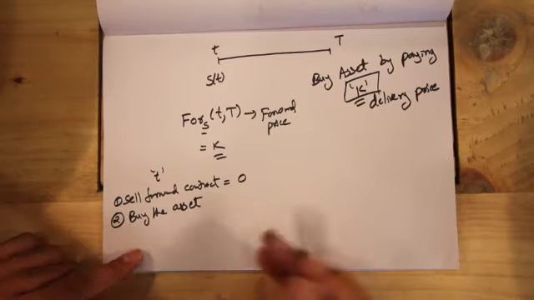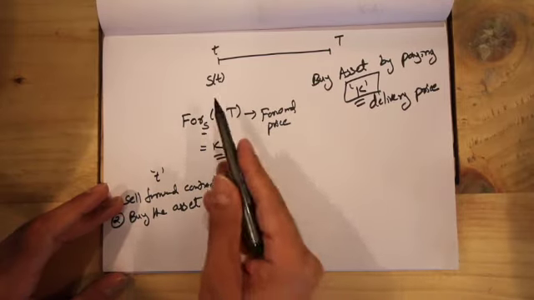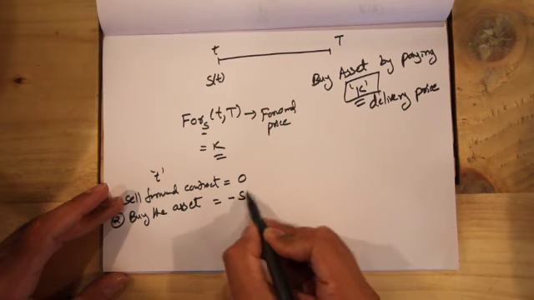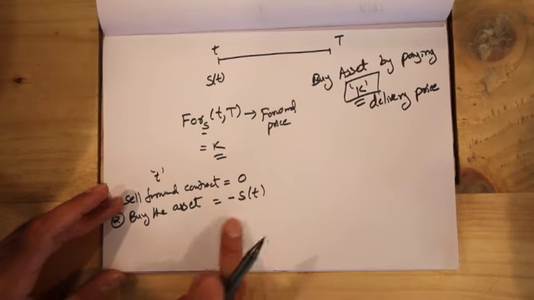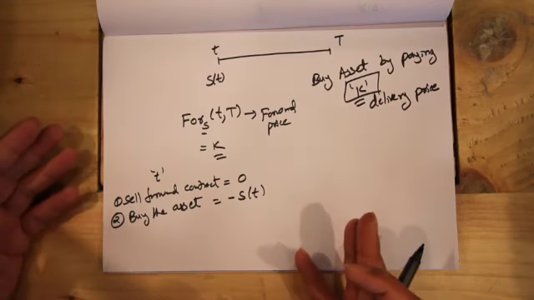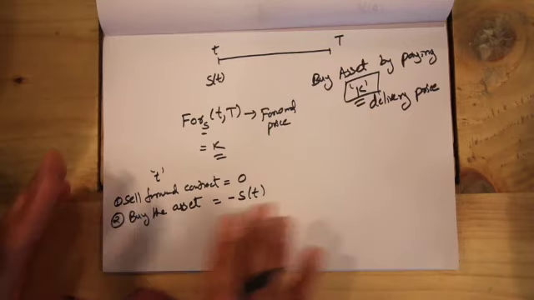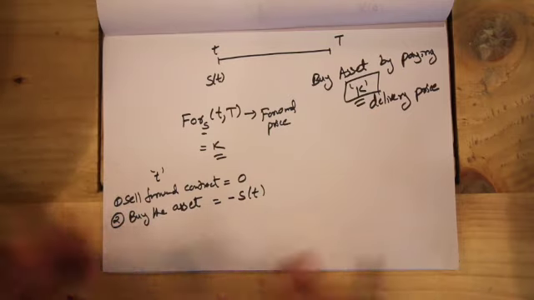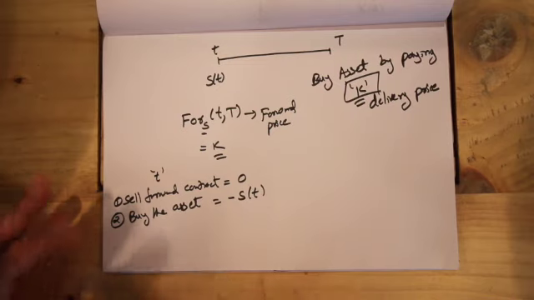When we buy the asset, it's trading at S(t). So to buy it, we need to shell out this amount of money, so we get a negative cash flow of S(t). But we don't have any money with us. We are working under the assumption that we have no money in our pocket, and we want to see if we can arbitrage our way into making some money. So we start with 0 money.